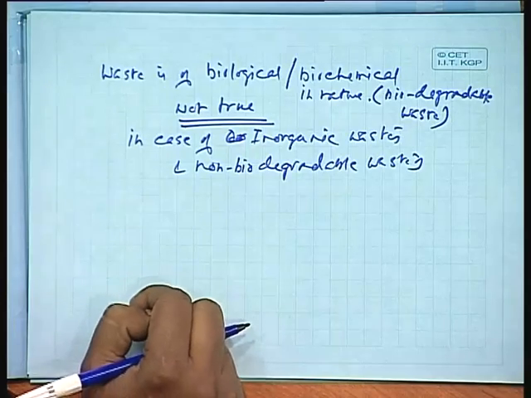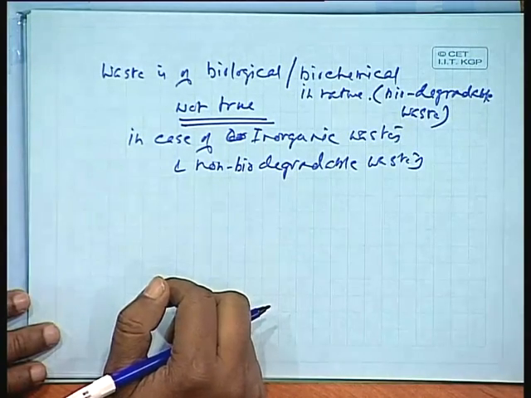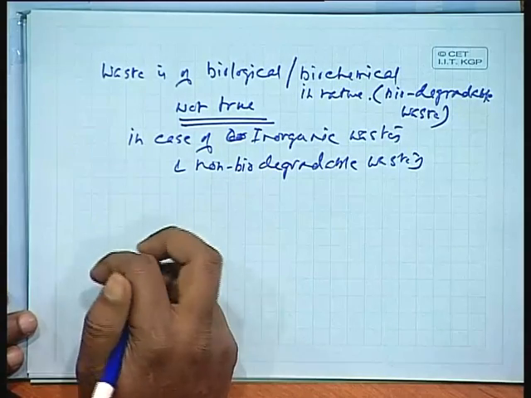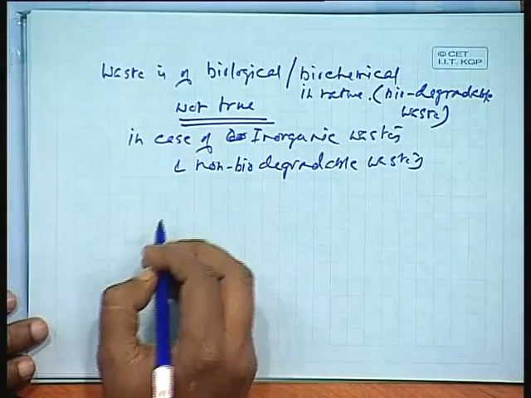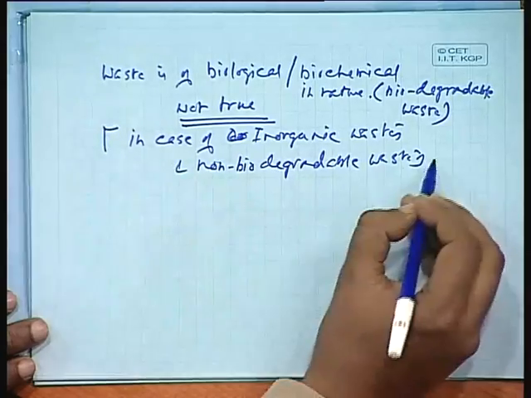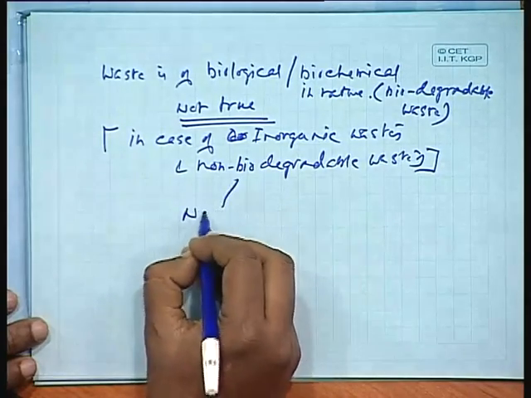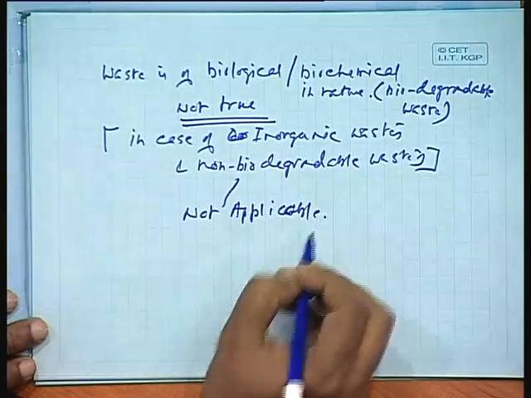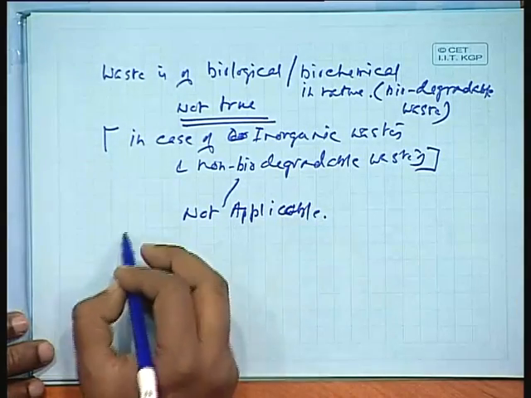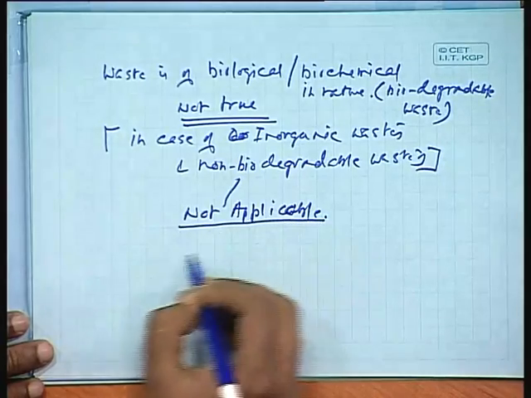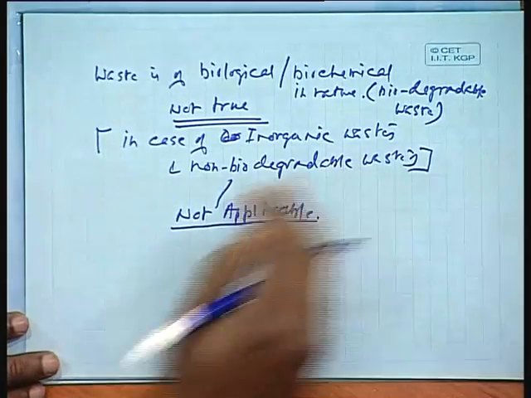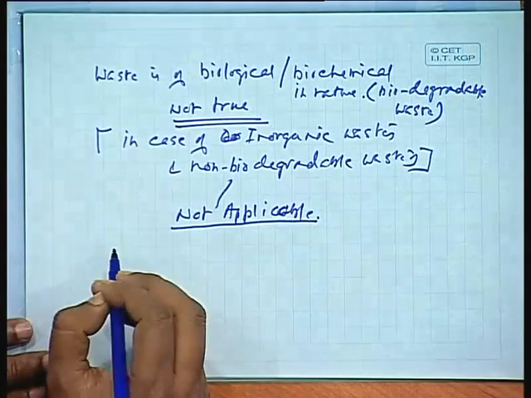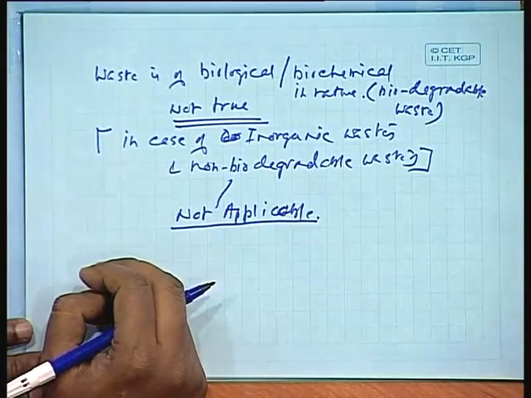In case the waste is biochemical or biological in nature, it is biodegradable, and in case of inorganic waste, this particular modeling is not applicable. What is important in such cases is that there may not be any demand for oxidation of an inorganic substance.